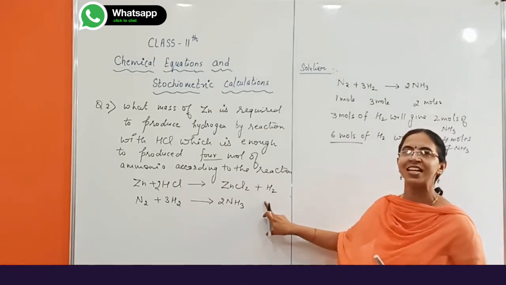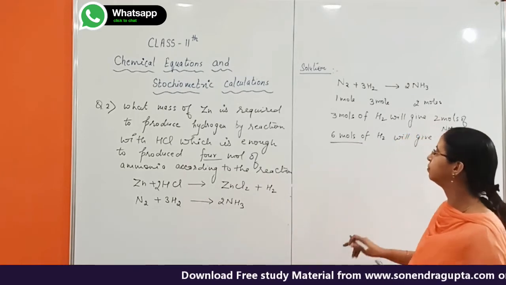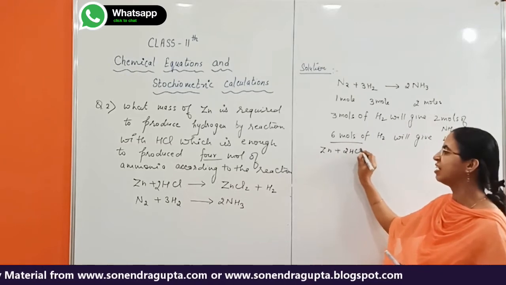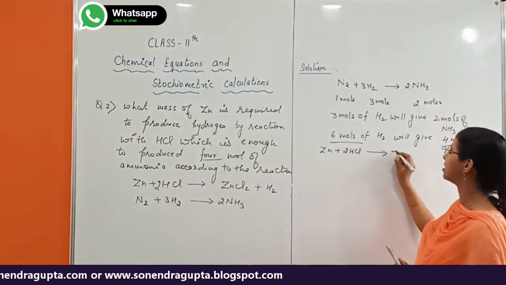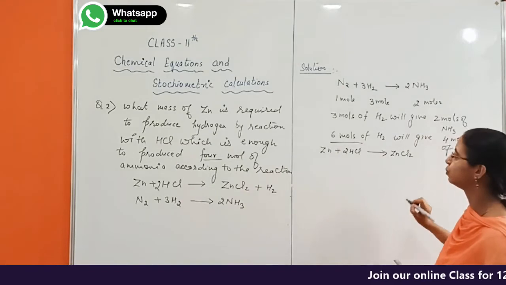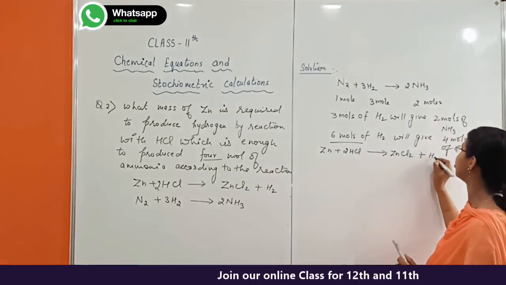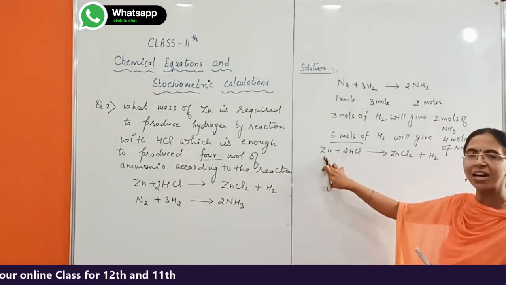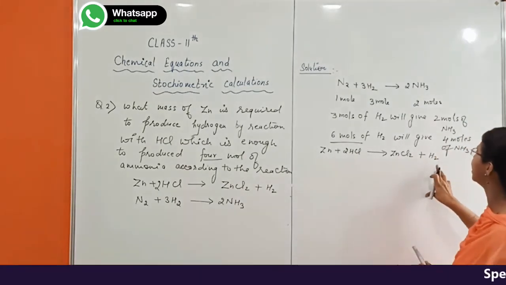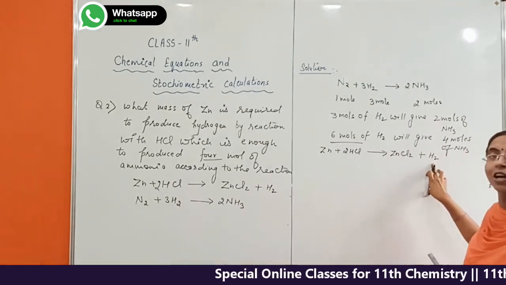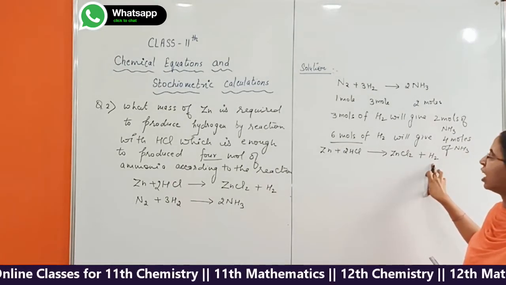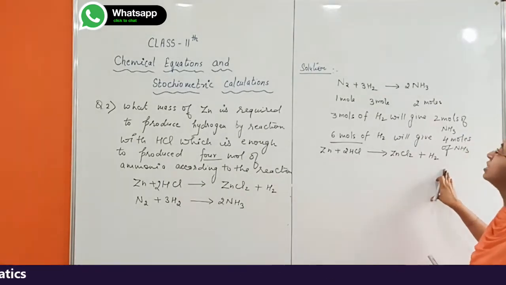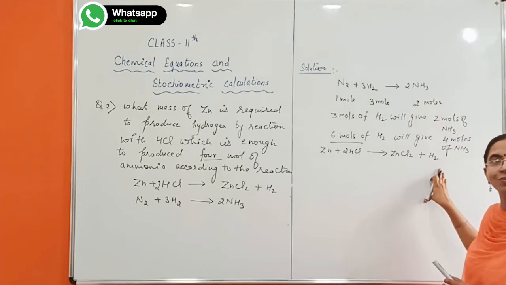Now we will use this first equation. That is zinc plus 2HCl, that will give you ZnCl2 plus H2. Now in this reaction, one zinc atom is going to give you 1 mole of hydrogen. So 6 zinc will give you 6 mole of hydrogen.